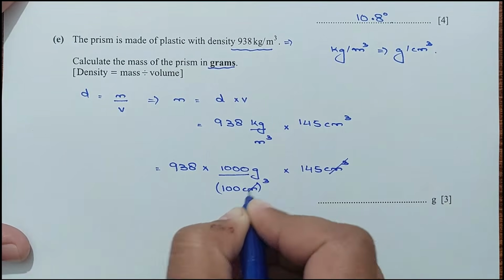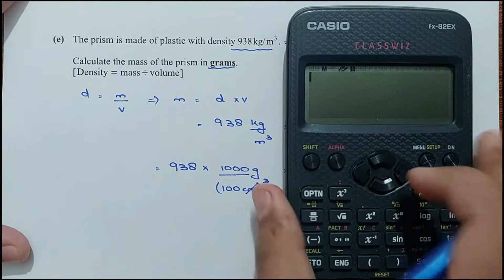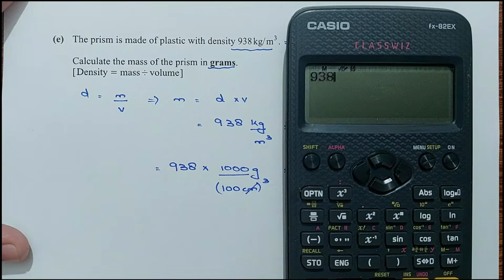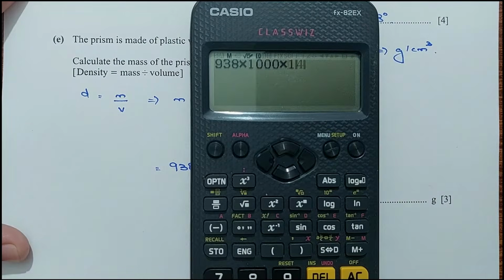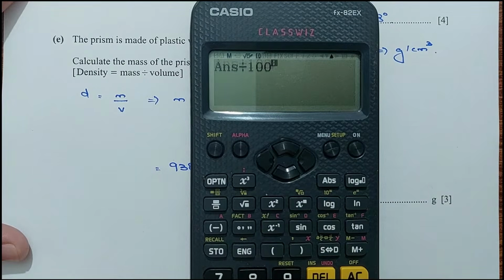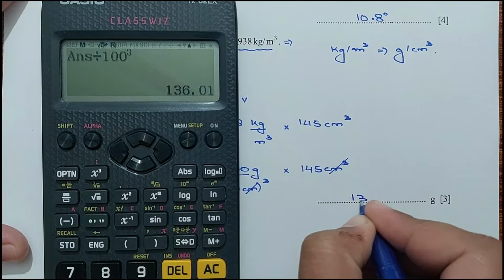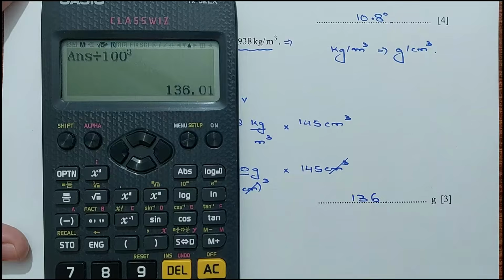So this centimeter cube is cancelled with this centimeter cube, right? Now we have to do 938 times 1000 times 145 divided by 100 cube, which is 136.01. So 136 grams, we can say.